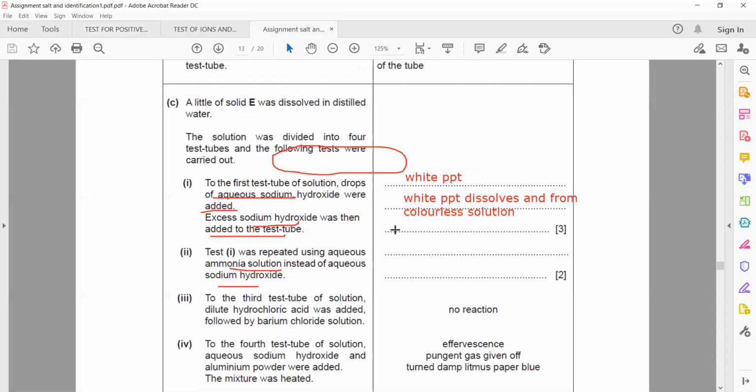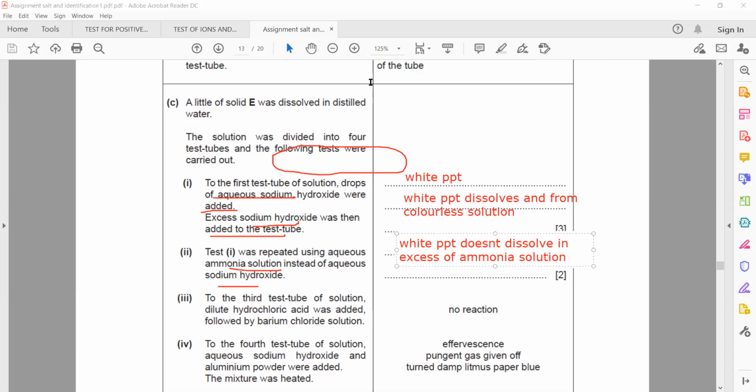So I will write white PPT does not dissolve in excess of ammonia solution. Or you can also mention the precipitate does not dissolve in excess. That's also right. You don't have to write the formula. You just have to write the observation, meaning what you will see.